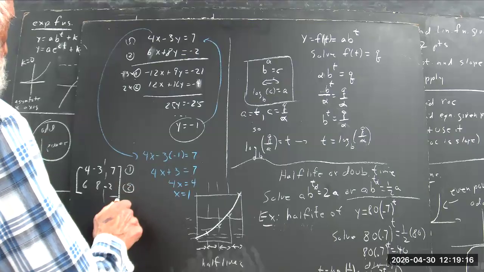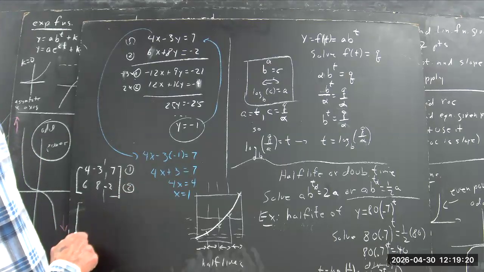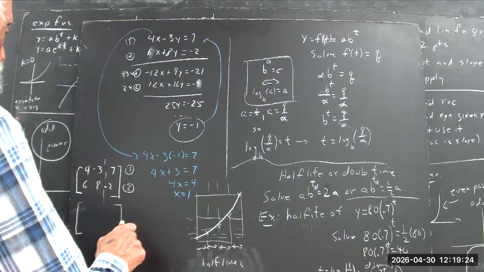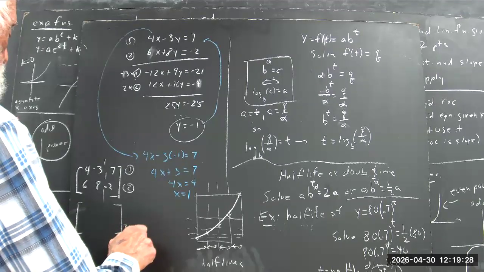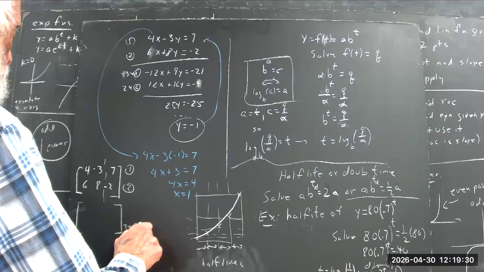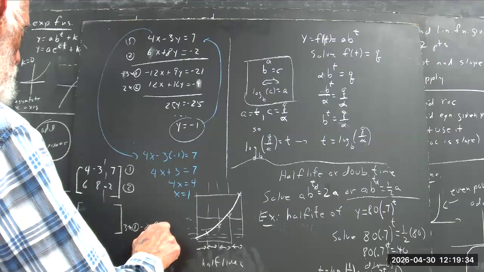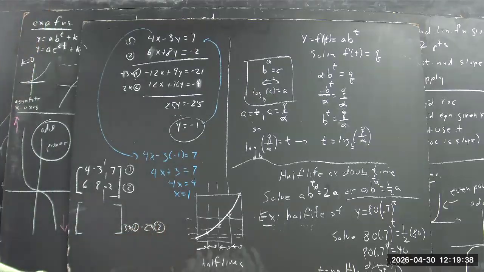That row 2 would then be in the next step three times row 1 minus 2 times row 2.